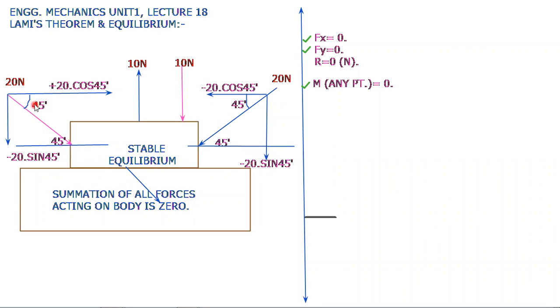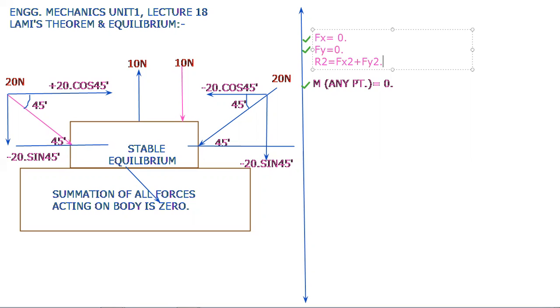In Fx you have plus 20 cos 45 and also minus 20 cos 45. All this addition will take place, and you are going to use the resultant formula, R square is equal to Fx square plus Fy square.